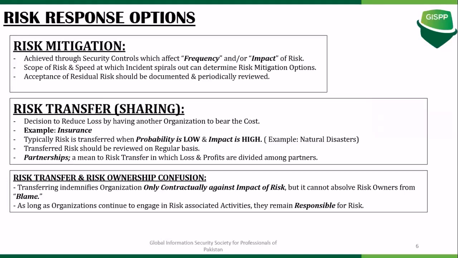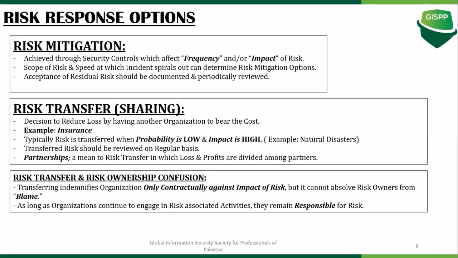Coming back to the ownership confusion, transferring of risk basically indemnifies the organization only contractually, because you have an insurance company that will cover the impact of the realized risk. But the blame of the risk event still gets attached to the risk owner itself.